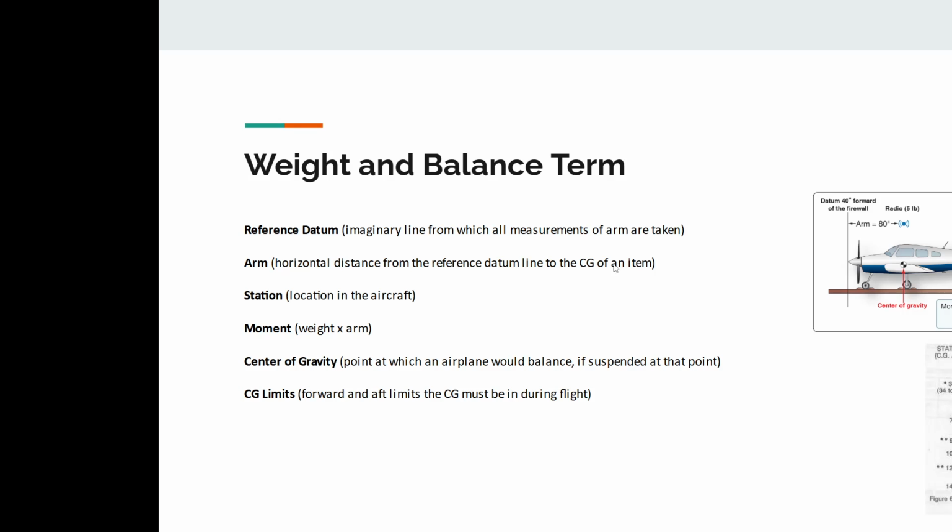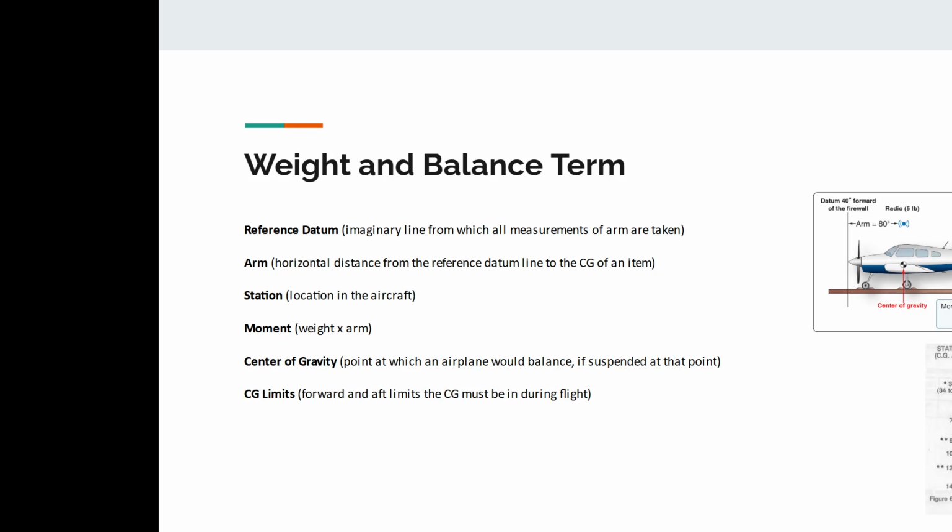And so the distance from that reference datum is what's called an arm. That's the horizontal distance from the reference datum line, which is useful in order to calculate the center of gravity. And then, of course, the distance from the reference datum can determine the specific location along the aircraft, which is known as a station.